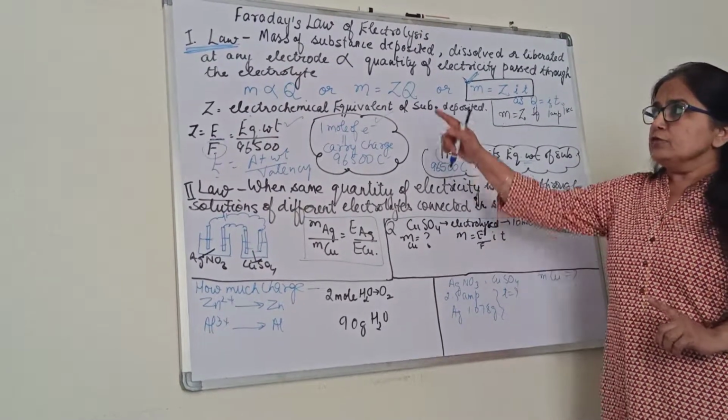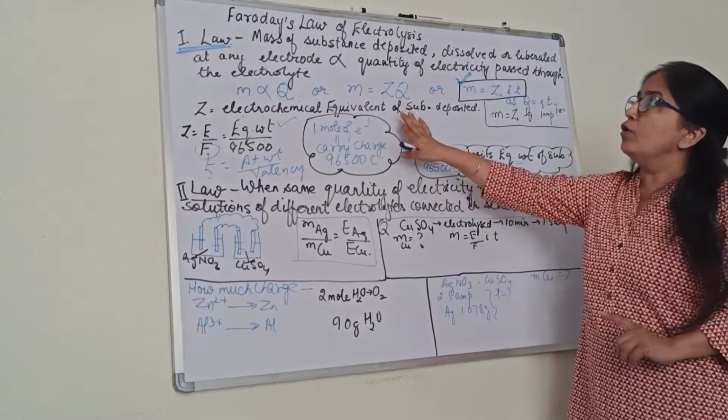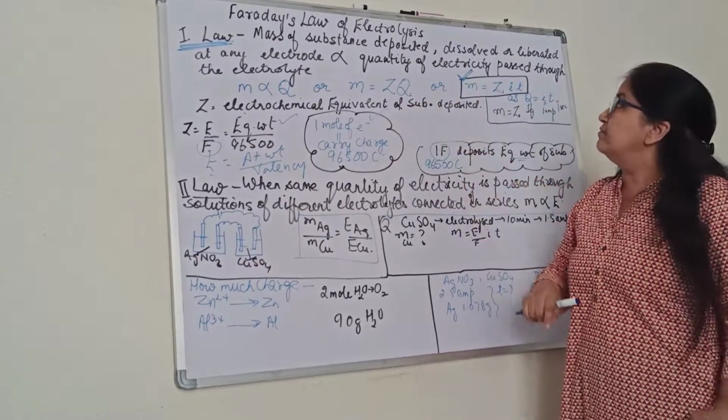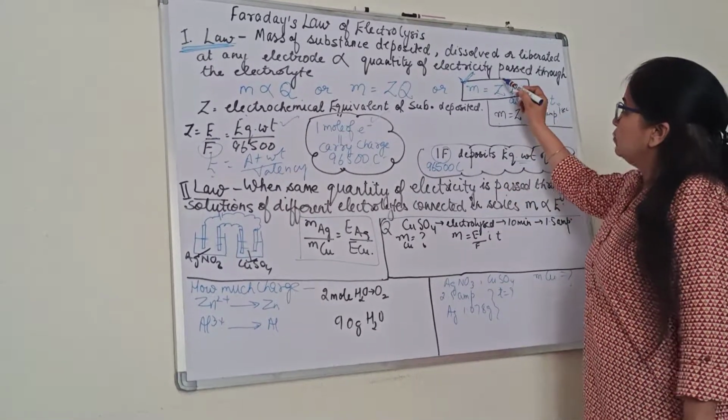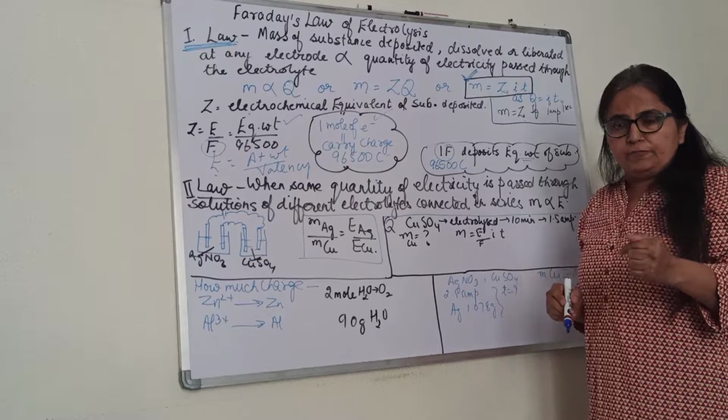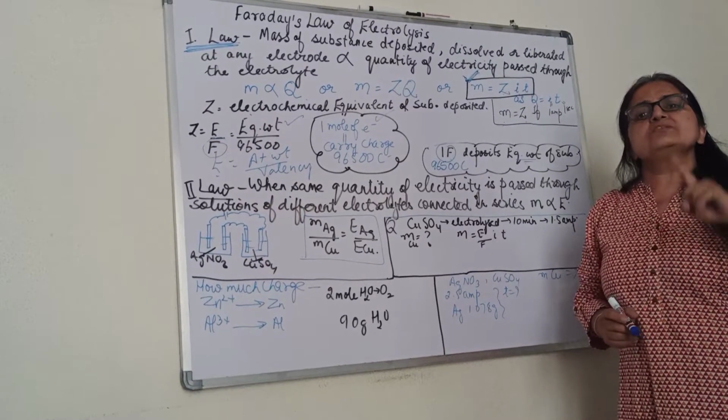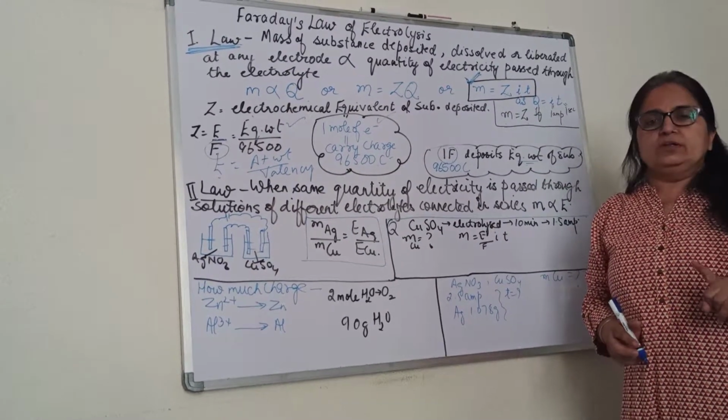Is this clear? So the first law of electrolysis, what we have done: M is Z into I into t. We have done what is Z: E by F. If 1 Faraday current is passed, the amount deposited will be the equivalent weight.